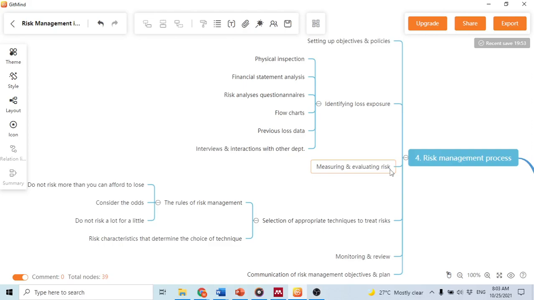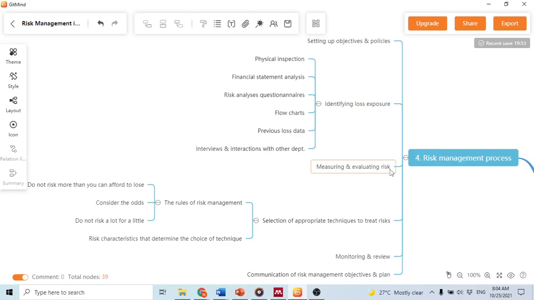So risk evaluation involves estimating the severity and frequency of risk exposures and ranking them according to their relative importance. It's important to rank the risk exposures so that we can take extra precaution on loss exposures that have higher probability.